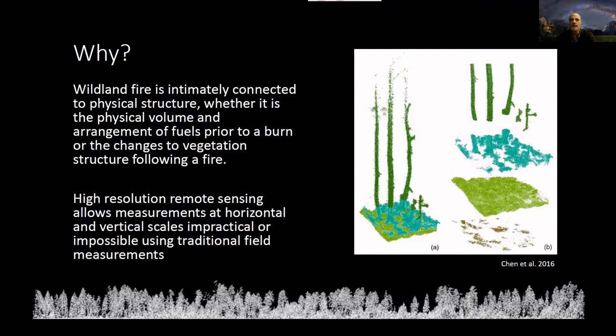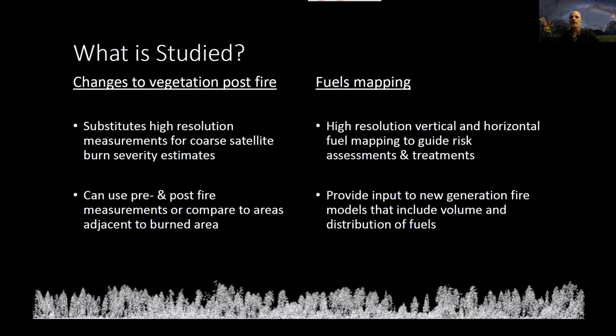Trying to do a 3D mapping of all fuels over a stand would be extremely laborious and really impractical using traditional field methods, but can certainly be done with some of the remote sensing methods that are going to be described in these sessions. And of course, with airborne data and now emerging satellite data, we can extend these studies to regions, states, and in many cases, whole nations have airborne LiDAR data.